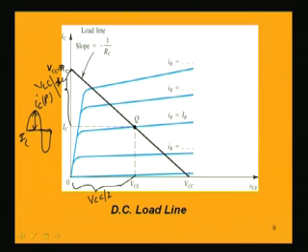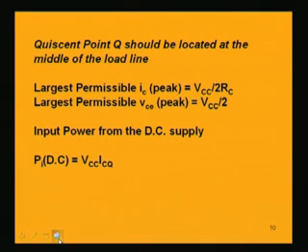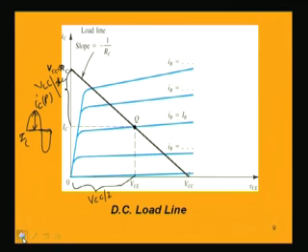So, the allowable peak of the collector current in class A operation will be VCC by 2 RC, and the largest permissible collector to emitter voltage peak is VCC by 2, and that is very evident here. This is the largest swing VCE can have.